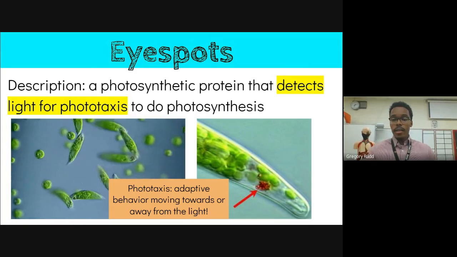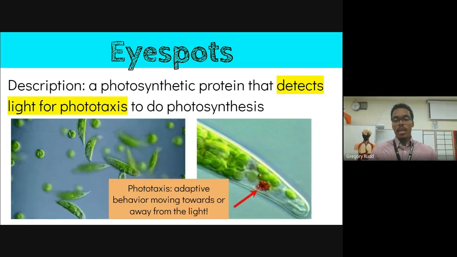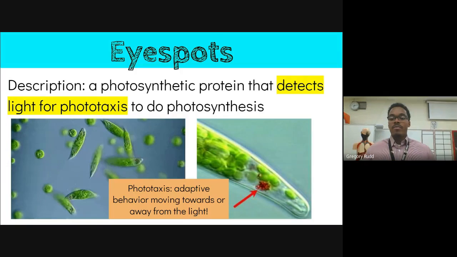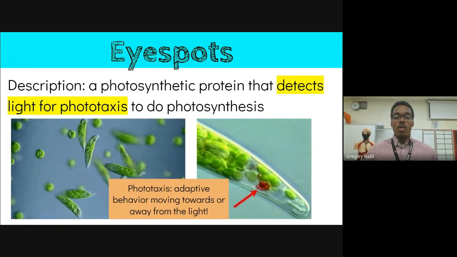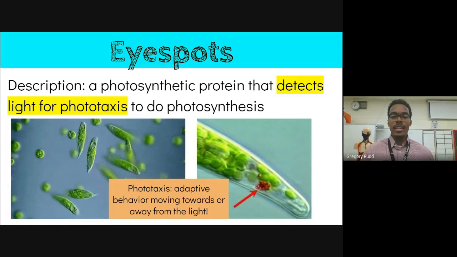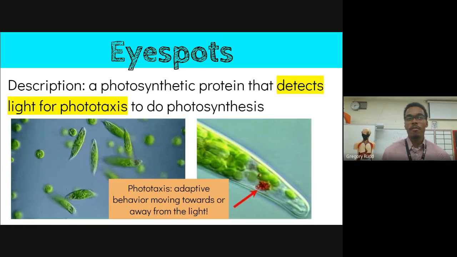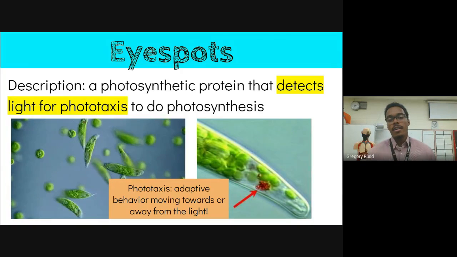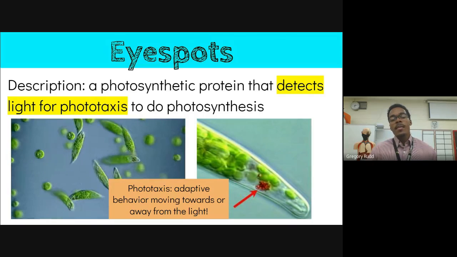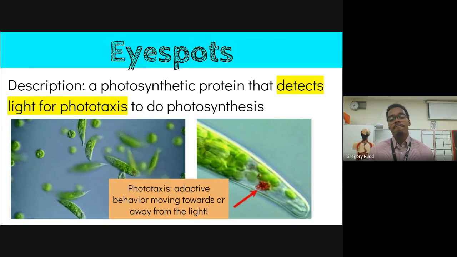It's something that moves. Taxis is movement. I don't know if you guys know what taxis are. You only know Uber and Lyft, but taxis essentially were Uber and Lyft before Uber and Lyft. But phototaxis is movement in response to light.